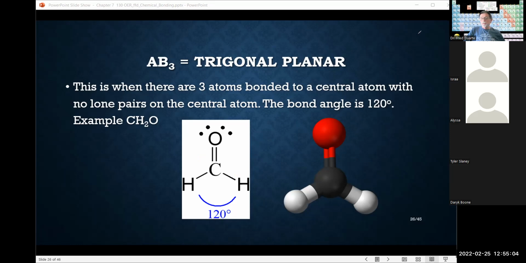Formaldehyde is something used back in high school days when you were dissecting a pig or something; they would preserve it in formaldehyde. I don't know what they're using now, because formaldehyde has been shown to cause cancer. I don't think they're using that, and hopefully they're not.